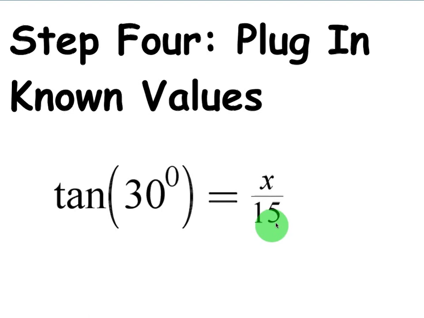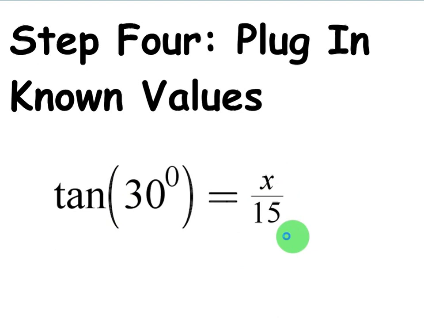Now, like I said, for this first example you can do it without a calculator, and then I'll show you how to do it with a calculator, which is what your assignment involves. Does anybody know how to get x by itself from here? You have a 15 on the bottom, so how do you get it to the other side? Multiply, right. You do the opposite operation. If it's being divided, you multiply. If it was x plus 15, you would subtract 15.